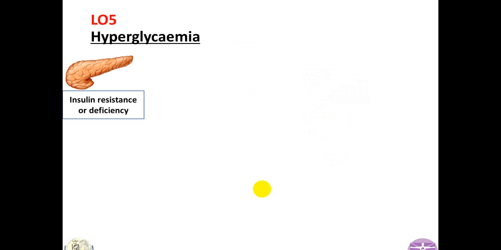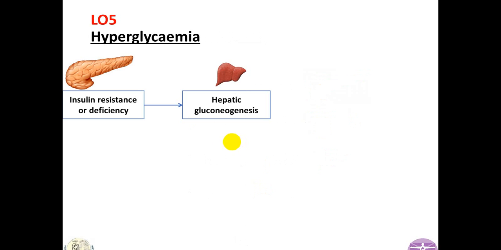Now let's talk about hyperglycemia. So whether we have insulin resistance or insulin deficiency, there is no source of energy because there is no uptake of glucose by the muscles and the fat. As a result of that, the liver will have gluconeogenesis, or production of new glucose molecules in order to replace this state of insulin deficiency.